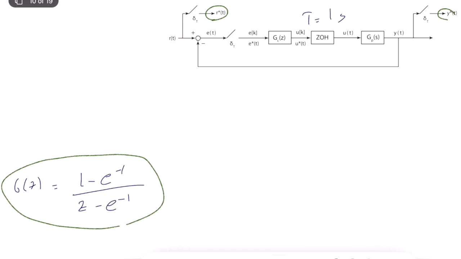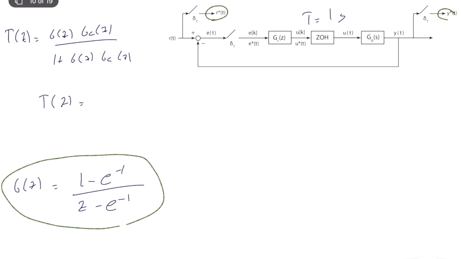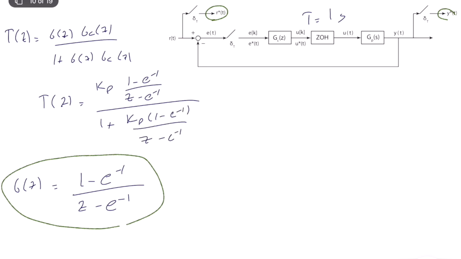Okay, so what is T of Z? T of Z is equal to G of Z, GC of Z, which is a simple P controller, divided by 1 plus G of Z, GC of Z. Okay, T of Z is equal to Kp times 1 minus e to the power minus 1, over Z minus e to the power minus 1, divided by 1 plus Kp times 1 minus e to the power minus 1, over Z minus e to the power minus 1.